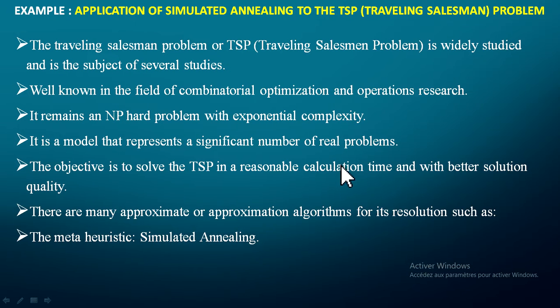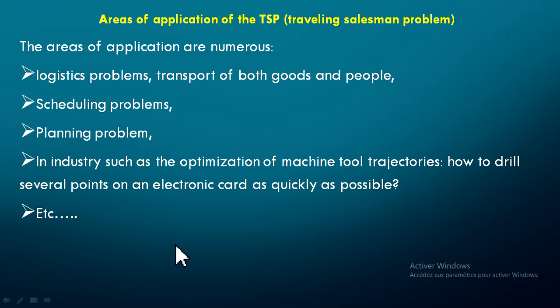That means with the minimum complexity. Because if my solver or my program gives a good solution but in a big time, it's not our objective. So there are many approximation algorithms for the resolution of TSP problems, such as the simulated annealing method.